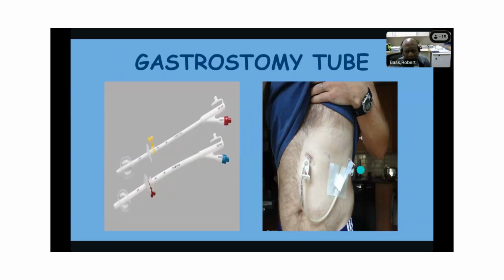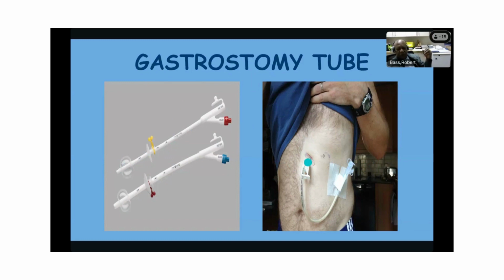And then we talked about a G tube. This is the actual G tube on the end. You've got a distal cuff that about 10 cc's of air is entered into, and this is what keeps it in place here. This is basically a feeding tube. The gastrostomy tube is a feeding tube.